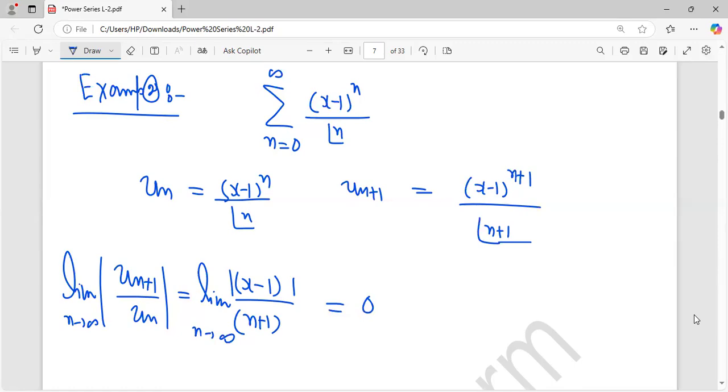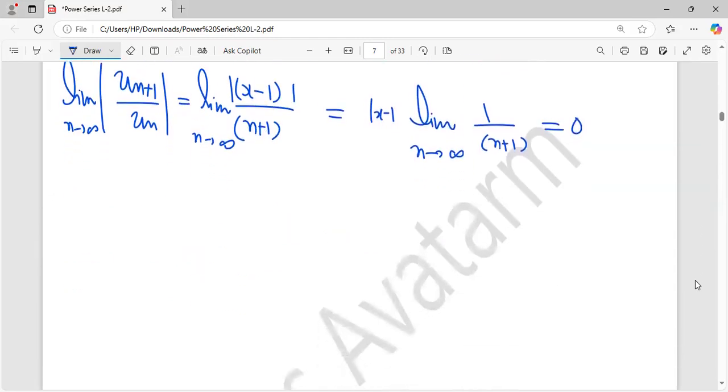Okay. So this is |x minus 1| times the limit, and this is 0. Okay. So what does it mean?